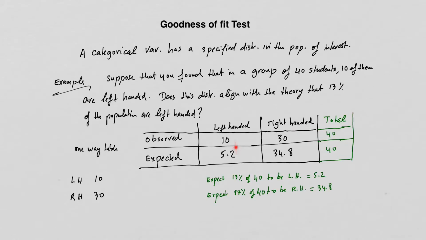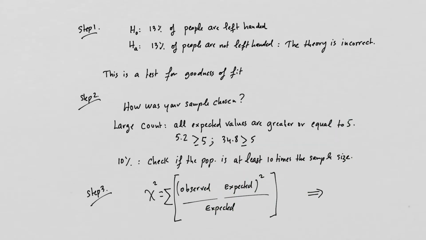If you go back, we found 5.2. It's close, and 34.8, which is much bigger than 5. So that condition is checked. Then the 10% condition: you want to make sure that the population is at least 10 times the sample size. We're assuming that the population is at least 400, so I'm not worried, especially if you're looking at all students in the US. We definitely have more than 400.